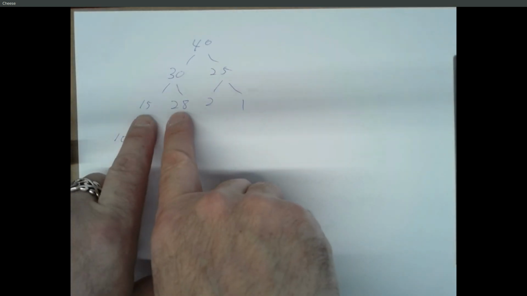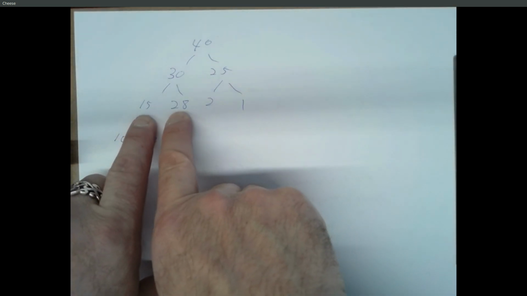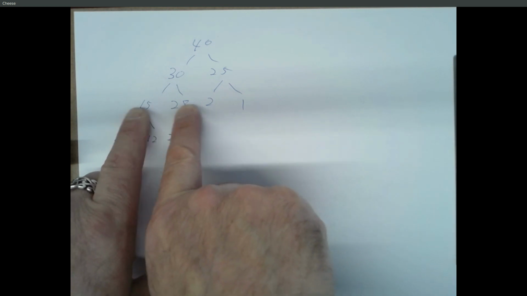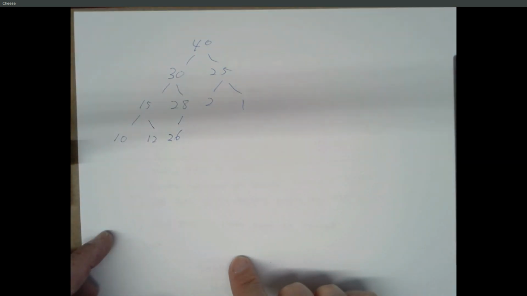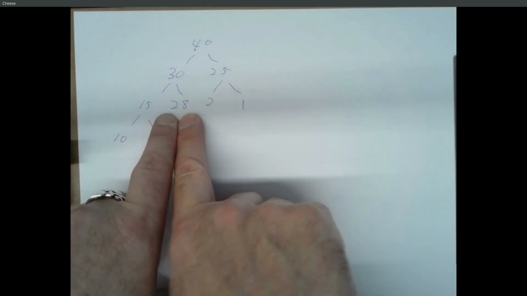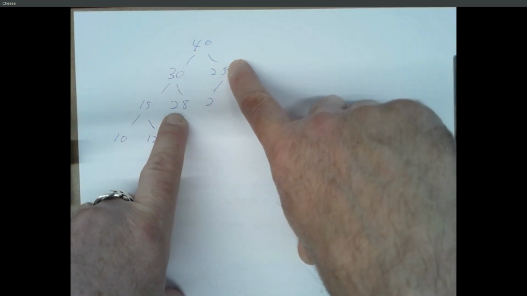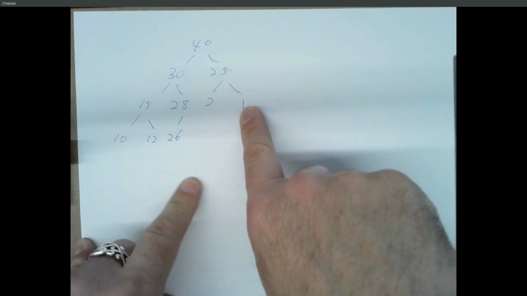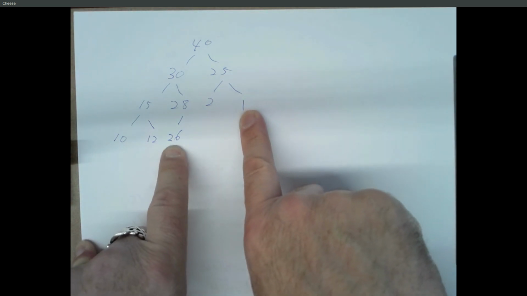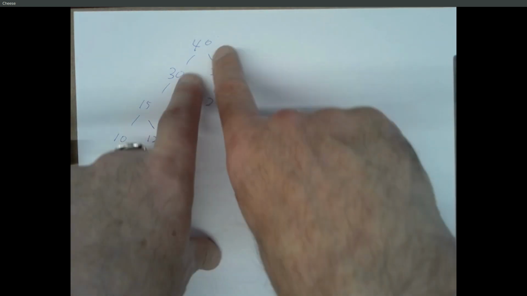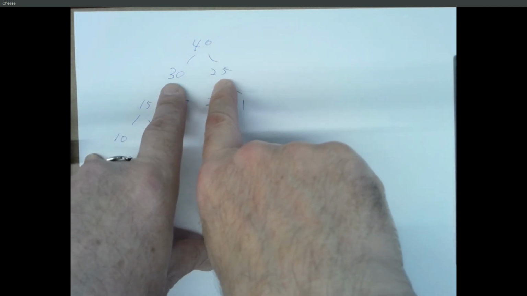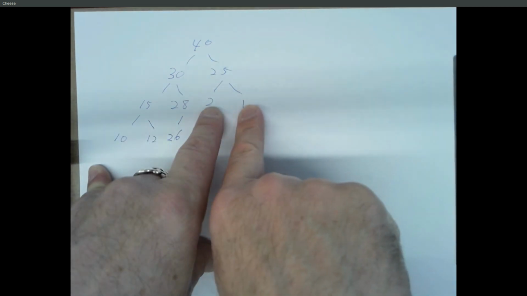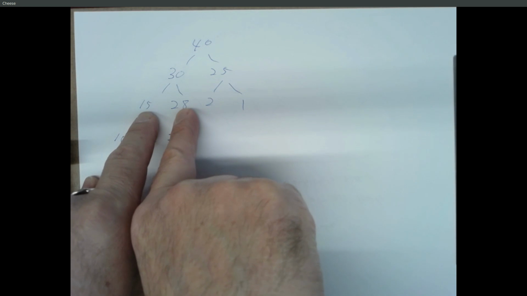And it's kind of weird looking, right? So here we've got something larger on the left. Here we've got something smaller on the left. So no requirements about left-right values relative to each other. We've got a 28 here. We've got a smaller 25 up here. That's perfectly fine. We've got a tiny little 1 down here. We got a big old 26 at a deeper level. That's fine. The only requirement is each node has to be bigger than both of its children. 25 is bigger than its children, 30 is bigger than its children, and so on.